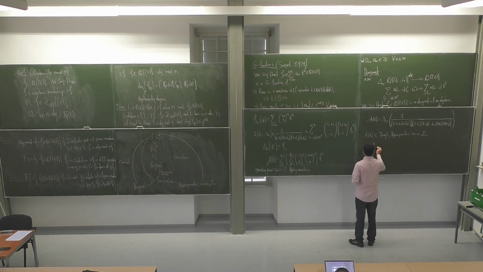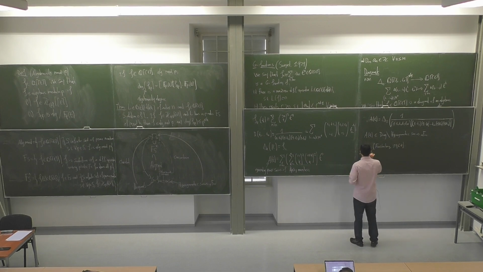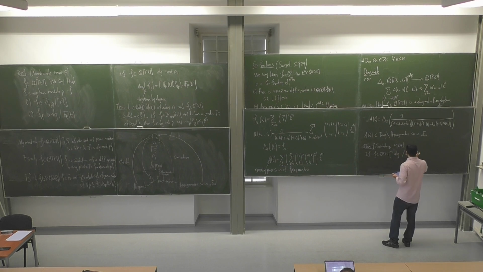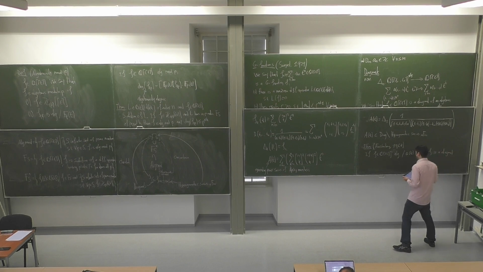If f is algebraic, maybe algebraic over Q(t), then f is a diagonal of a rational function.